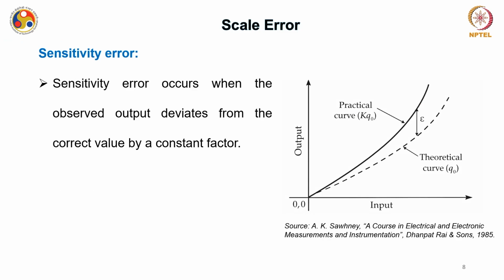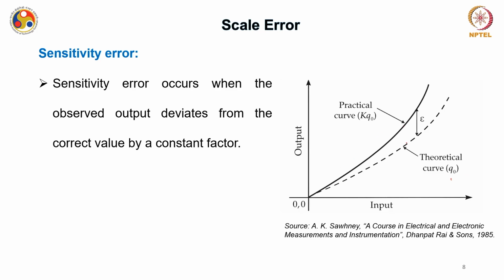Now, the second scale error is the sensitivity error. Sensitivity error occurs when the observed output deviates from the correct value by a constant factor, something like this. You have this theoretical curve of Q naught, and then you have a practical curve.